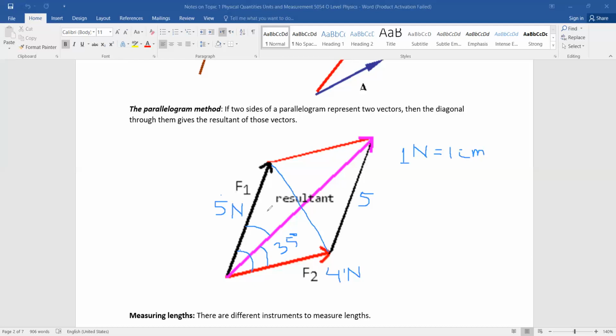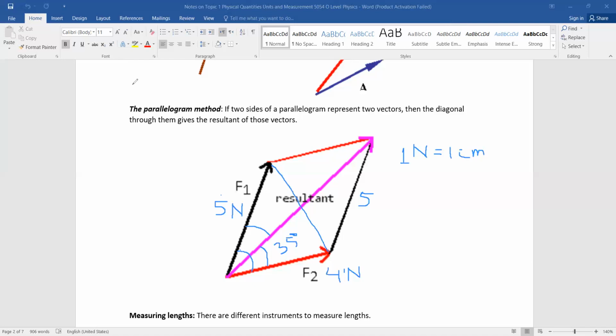F1: if you are getting any angle here, then you will say the force F1, or the vector F1, is making that angle with the resultant. That's it. It is the way to represent the direction of the resultant. So that's all about the graphical method. Okay, clear now?